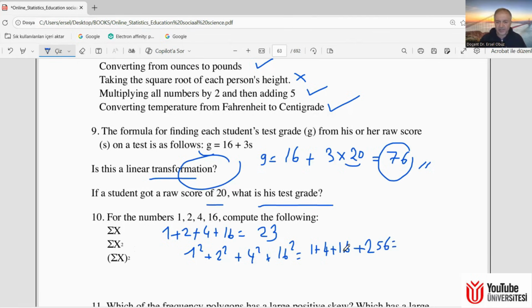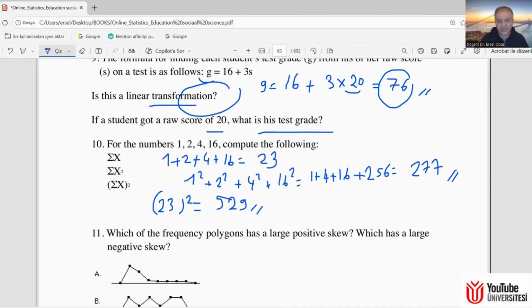So 256, 16. Okay, I believe 277, if my math is not wrong. I think it's okay. Total of X, squared, so it's going to be 23 squared. Let's do it. 529 will be the answer.